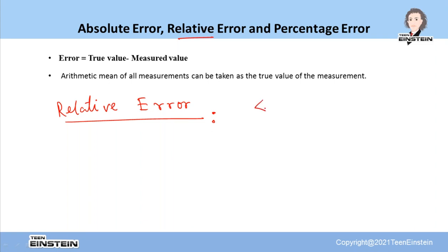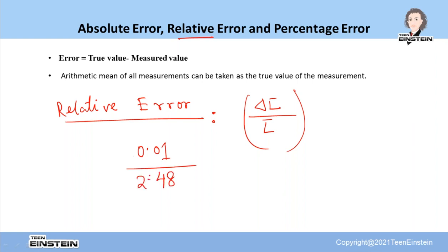Relative error is defined as the ratio of mean absolute error to the true value of the measurement. So in the previous example, we got mean absolute error as 0.01, and the true value is 2.48. If you take the ratio, you'll get some value.